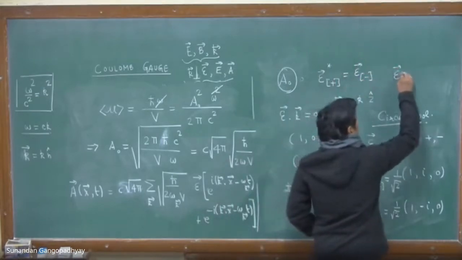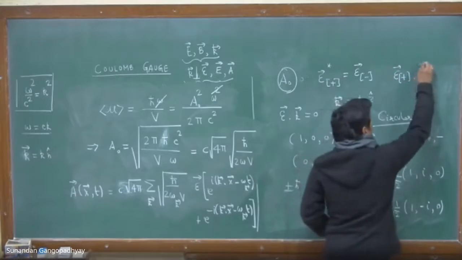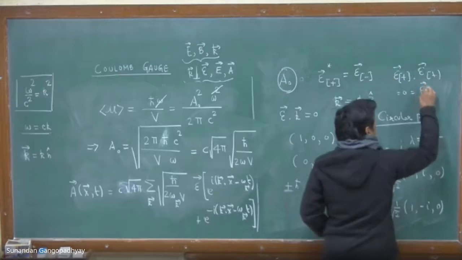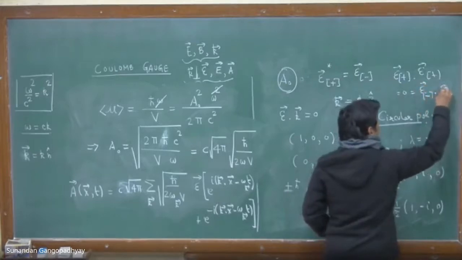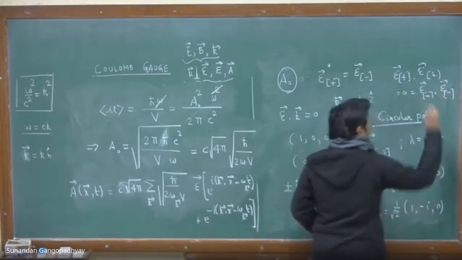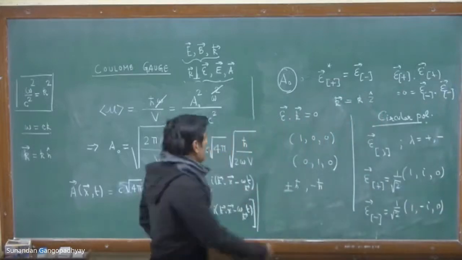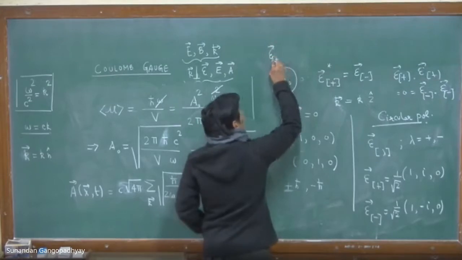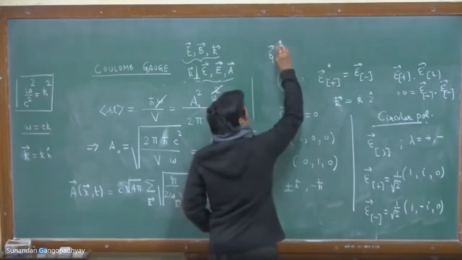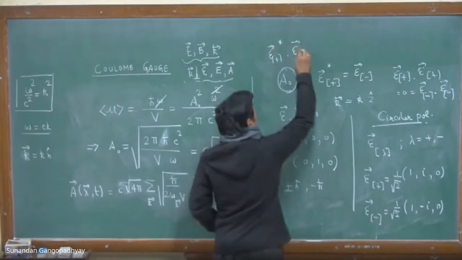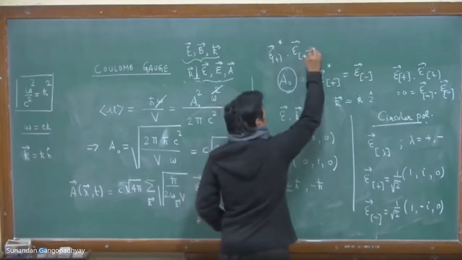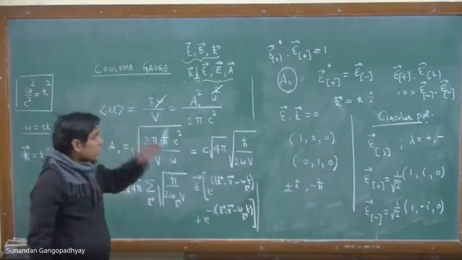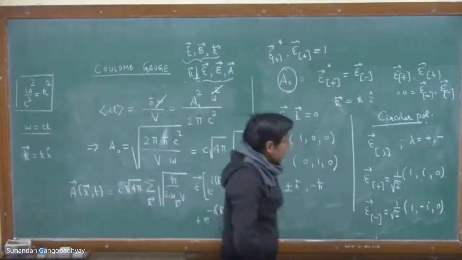Epsilon plus dot epsilon plus is 0, which is equal to epsilon minus dot epsilon minus. And epsilon plus star dot epsilon plus is equal to 1, and similarly for minus.